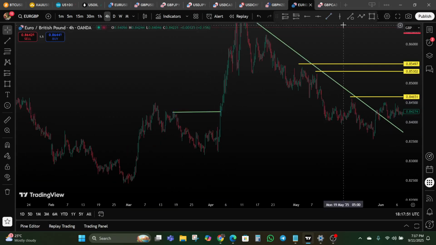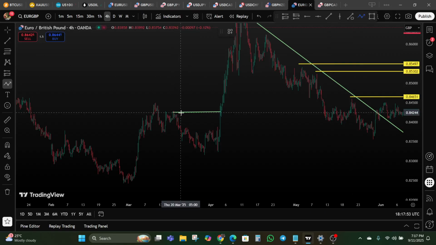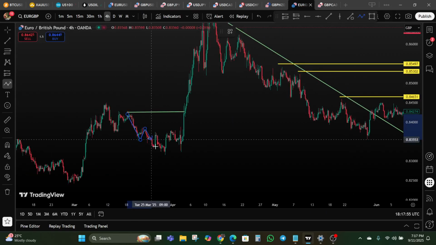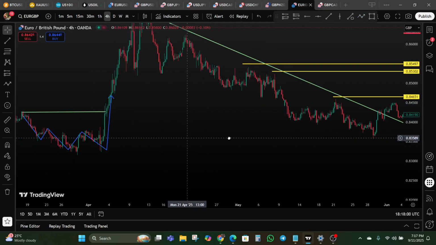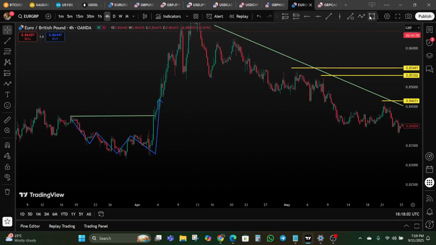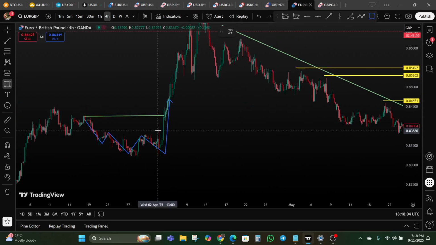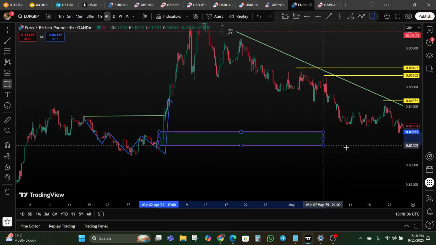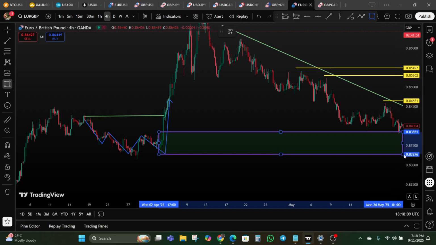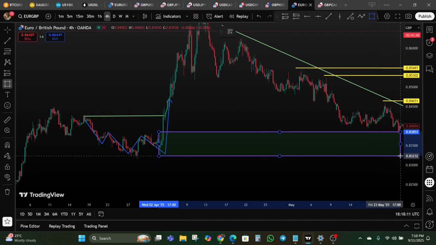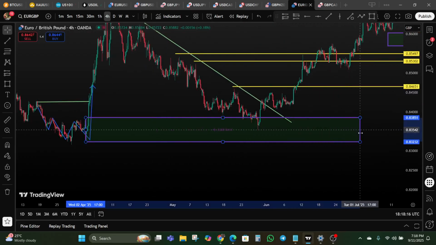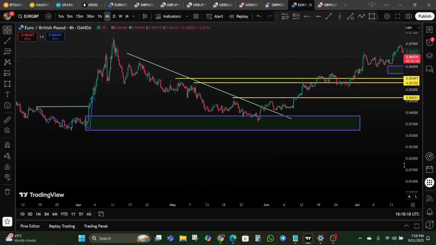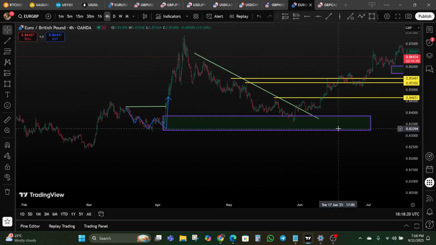We were having lower highs and lower lows before, and then we had price break above that. So now we have the last bearish candle before that change of character, and that gives us our order block. We can see that price eventually came back and tapped into that order block.